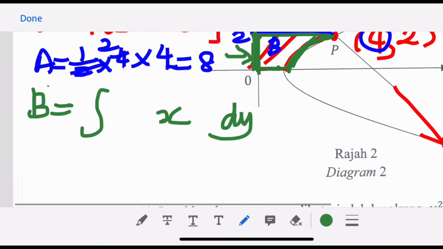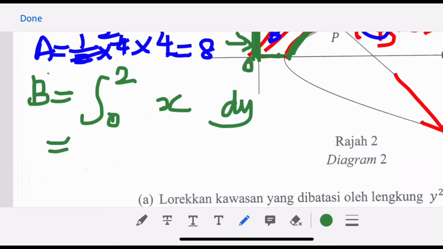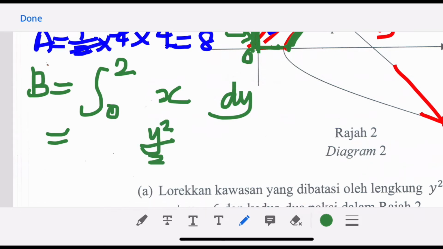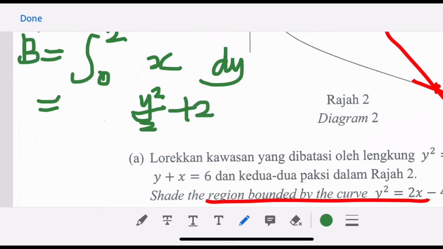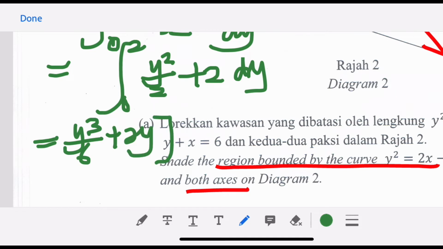So let's find the easy way. Because it's bounded by the y-axis, the limits should follow the y-axis, 0 to 2, and the x is y squared over 2 plus 2. Then we will integrate. So this is y to the power 3 over 6, plus 2y, and then we integrate from 0 to 2.